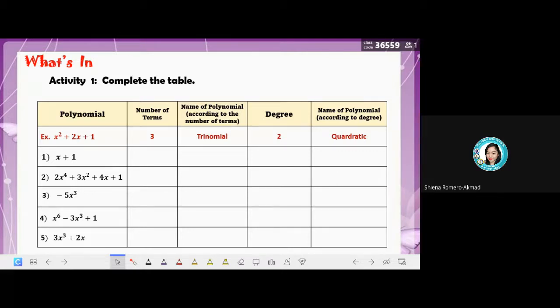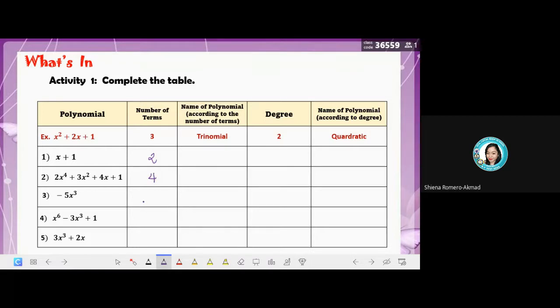Done na? Okay, so let's start with number 1. Ilan yung number of terms that we have here? Yes, Unite? 2 po. Oh, correct. How about for number 2? Yes, Arcelia? 4 po. 4.